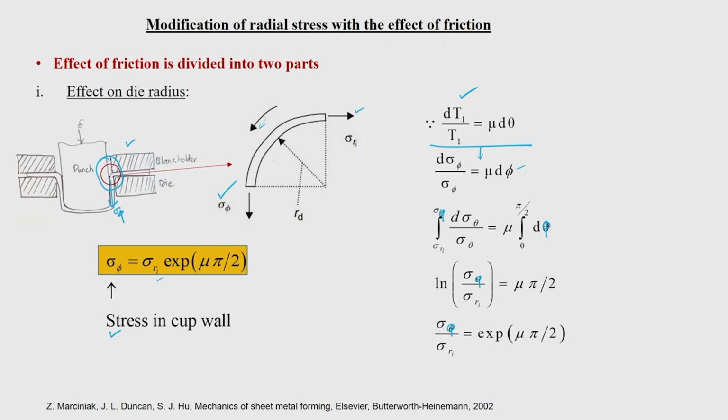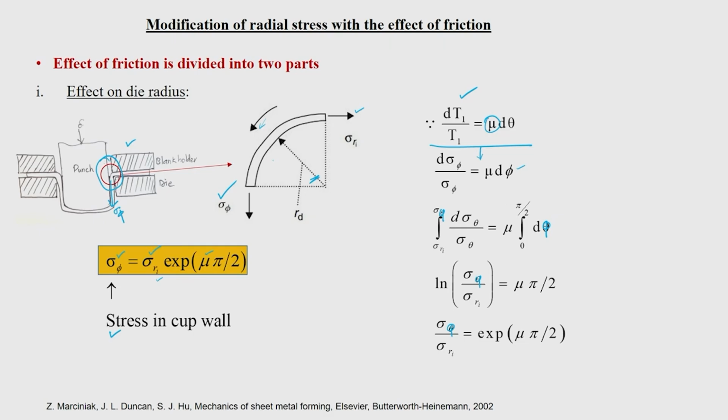The subtended angle is actually pi by 2 here. So, you will see that Coulomb's coefficient of friction mu comes into the exponent along with pi by 2. So, your sigma phi can be obtained if you know sigma Ri, times exponential mu pi by 2.